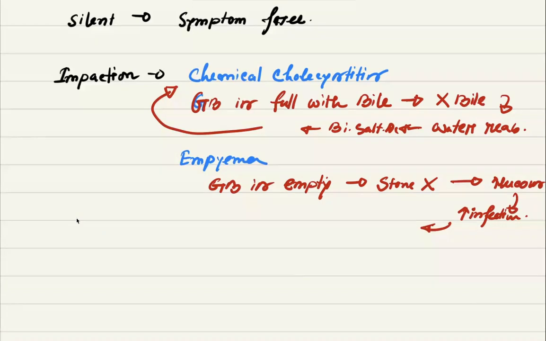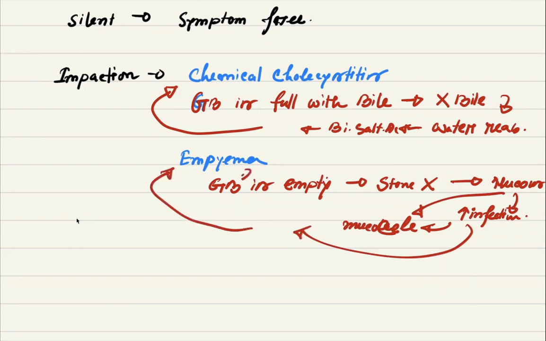A gallbladder abscess, it's called mucocele. Normally, an impaction with infected mucus is known as mucocele.